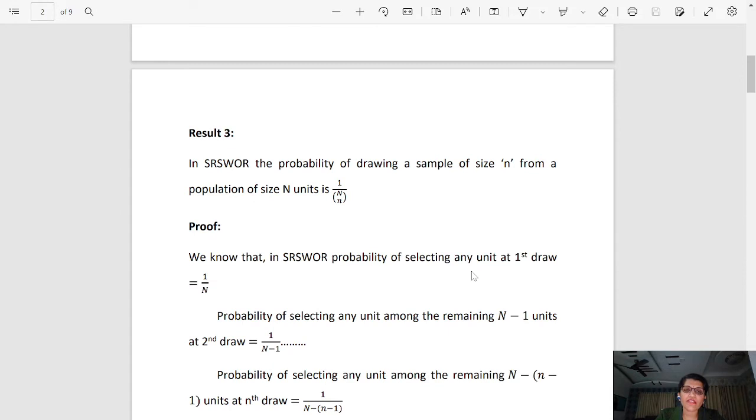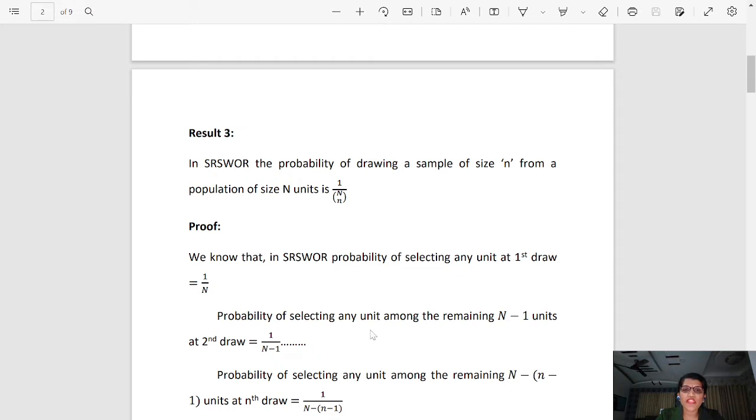In simple random sampling without replacement, the probability of drawing a sample of size small n from a population of size capital N units is 1 upon NCn. And the proof of this result is: we know that in simple random sampling without replacement, the probability of selecting a unit at the first draw is 1 by N. So, in SRSWOR, the population size decreases by 1.